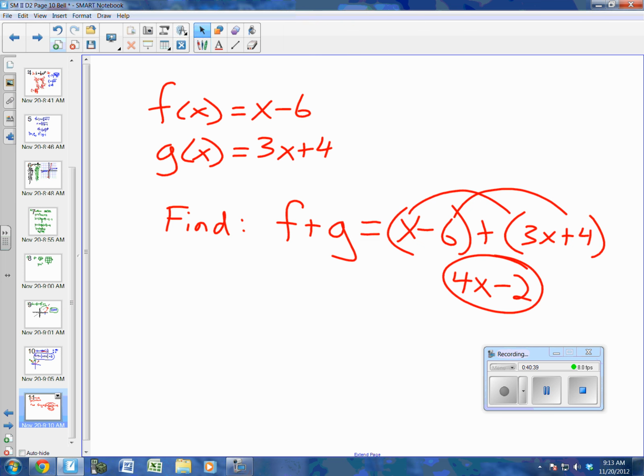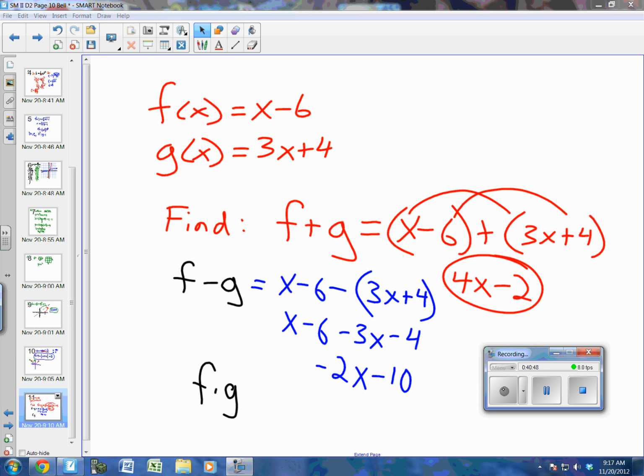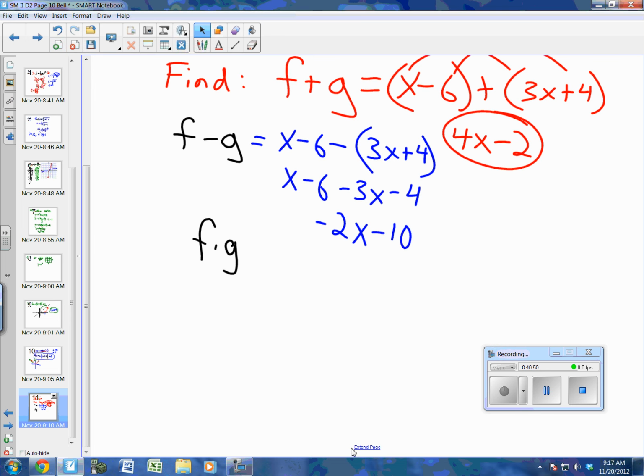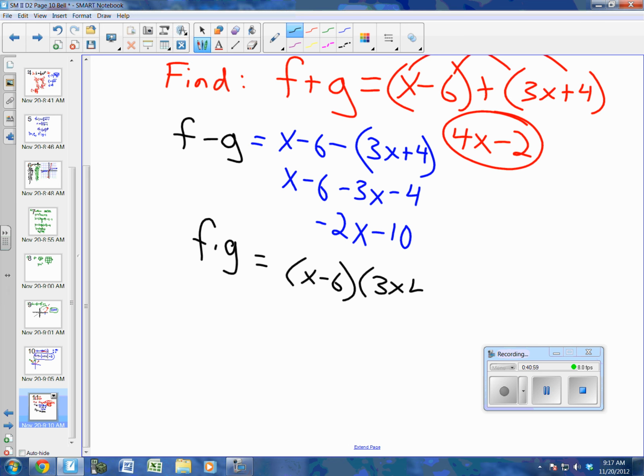Okay. Second one, I want you to find f minus g. Okay, so on this one right here, you guys, f times g, we have x minus 6 times 3x plus 4. And we got to distribute. x times 3x is 3x squared. x times 4 is 4x.